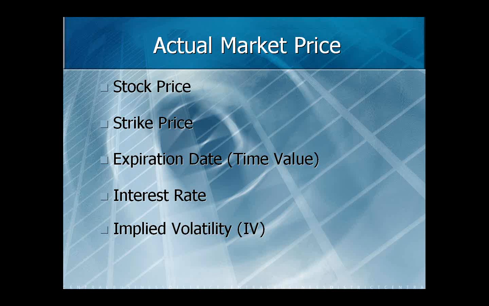This is why implied volatility is so important when you're getting into trades. You have got to look and see, is that implied volatility close to what the historical is? In other words, is the actual price I'm looking to pay for this particular strike close to what the market should be at this point?